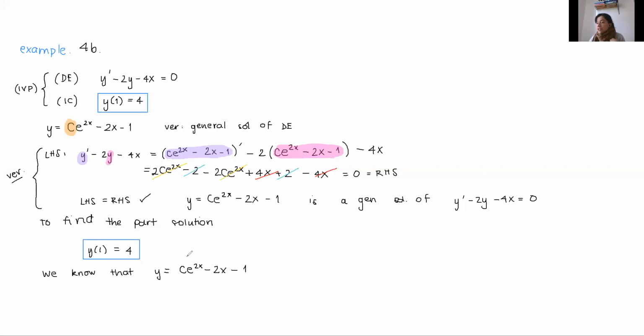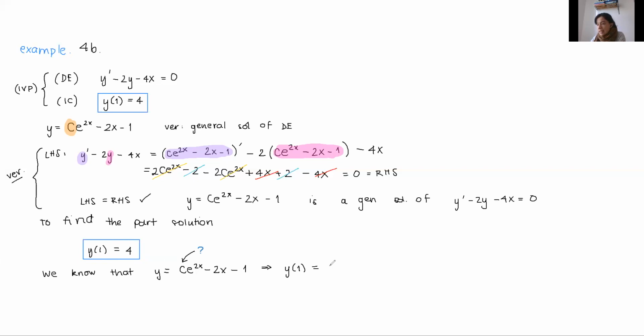And all that I'm trying to figure out now is the value of c, right? So if this is what I want to do, then that means I'm going to plug in 1 into the right-hand side. I'm going to evaluate y of 1 by plugging it into the right-hand side.